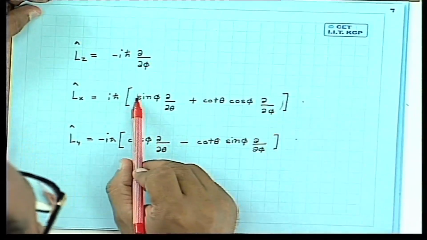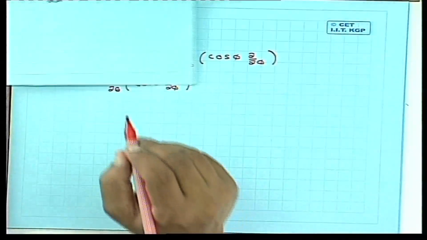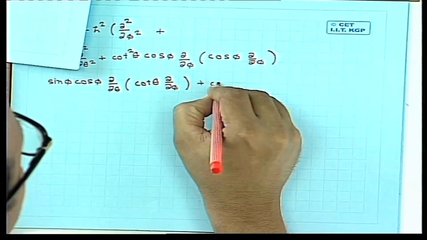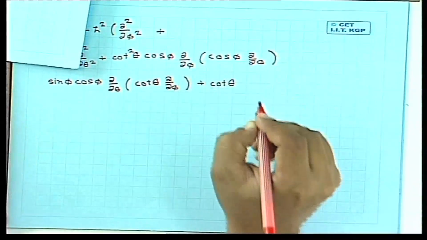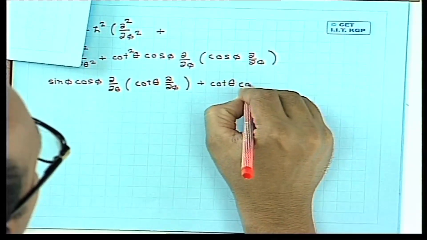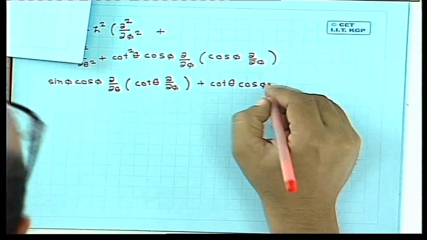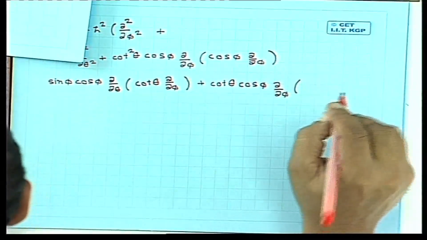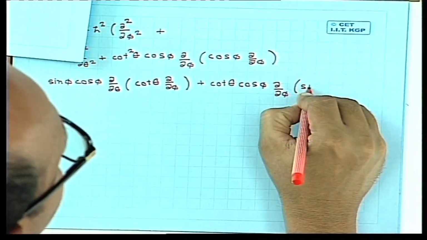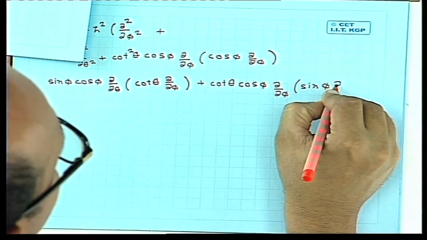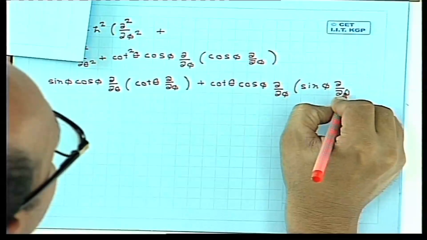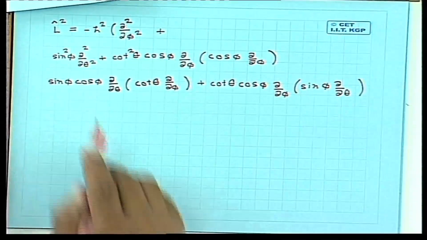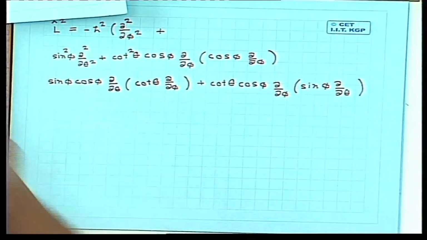Del del phi will act only on sin phi, so I have cot theta cos phi del del phi sin phi del del theta. So these are the four terms which arise from Lx squared.